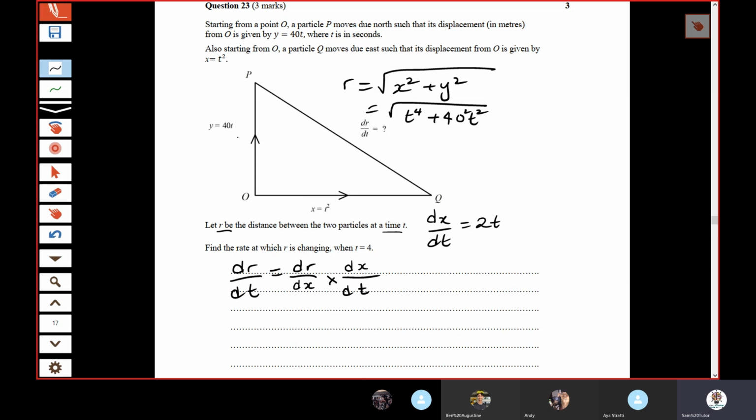Y in x, you're going to make t the subject. So t equals y on 40, and then you could sub it in here. And then you'll make y squared as 40 squared x. You'll sub that in, and then you have r with x.